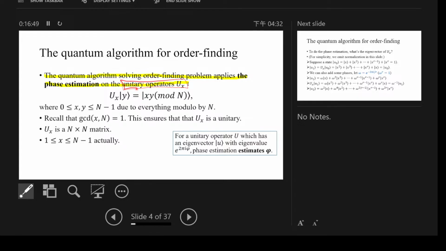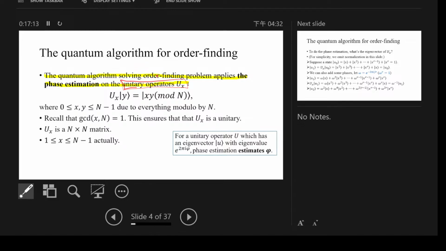Multiplication mod N is a classical computation you can do, and you can do that in a quantum circuit. Technically it's a bit more complicated than this, because this is an in-place operation. But for now, let's just assume this can be done.